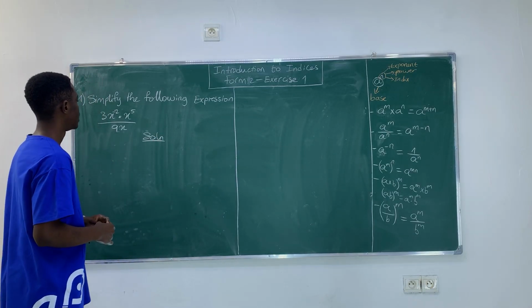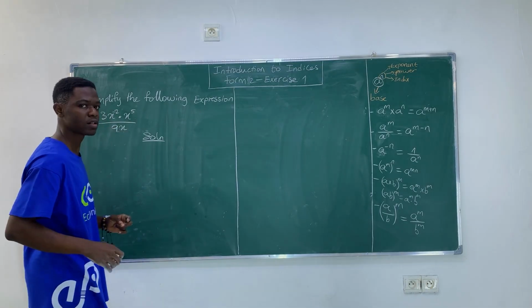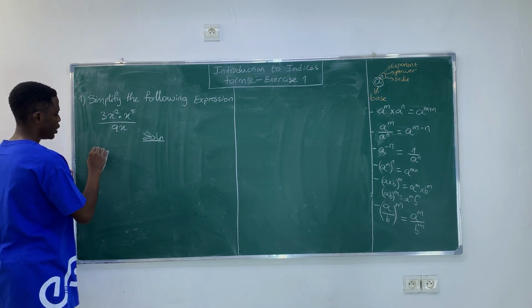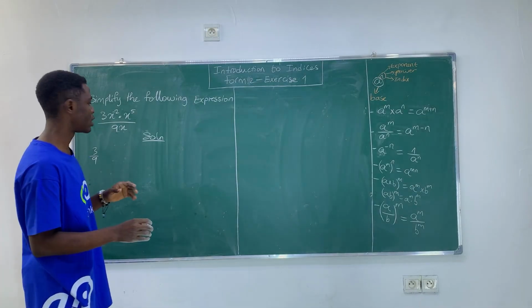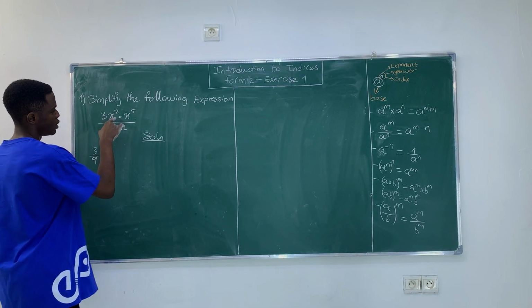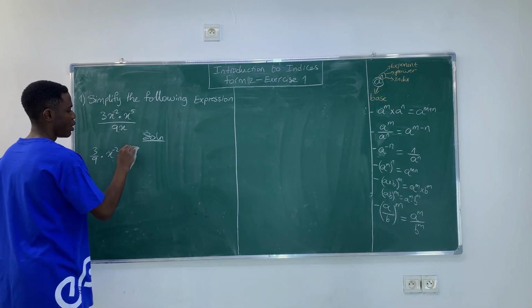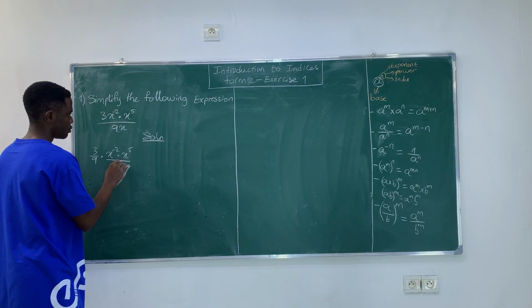Solution. We have like terms x, x and x. So what do we do first when we have like terms like this? We bring the like terms together. We have 3 over 9, before simplifying, you bring the like terms together, times x to the power minus 2 times x to the power 5, divided by x.